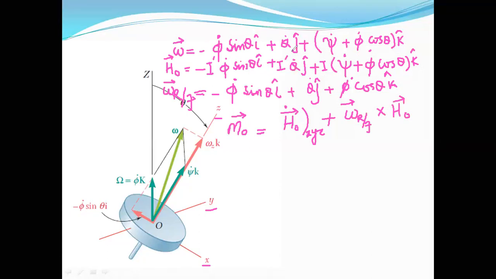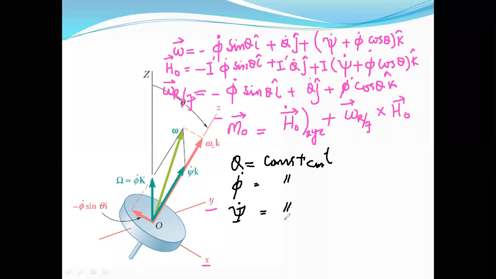Now, as we use these equations for steady precession, our angle theta is constant. The value of our phi dot is constant, as well as the value of our psi dot, the rate of angular velocity that we call the spin.